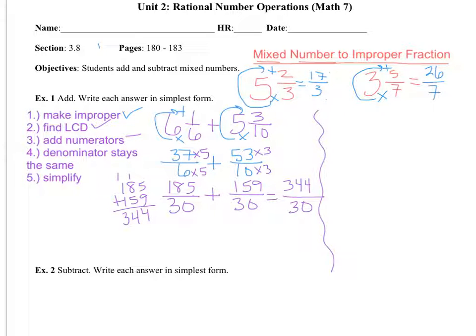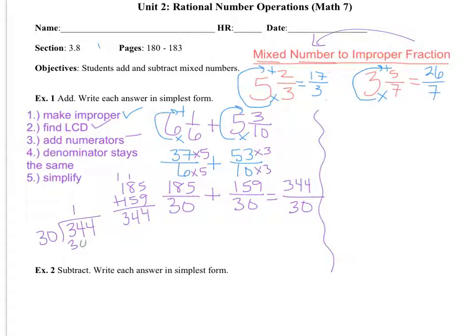So what you're trying to figure out to go from an improper back to a mixed number, you got to figure out how many times 30 goes into 344. So that means we're going to divide. A lot of times we can do this mentally, but this is a pretty big numerator.